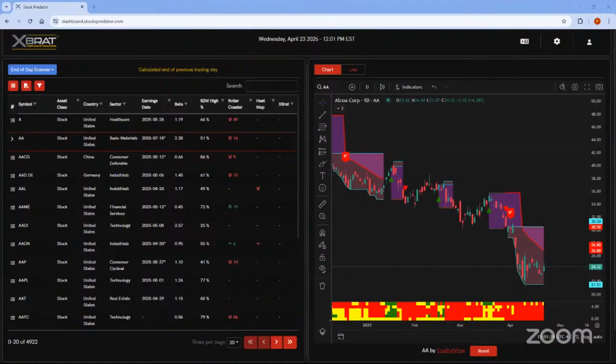So if we can put confluences together in a stock and scan for them, we can find some very, very hot stocks. Whether you're options trading and want to get in the puts and go short, or if you're investing, swing trading, going long on stocks, this is just as good.